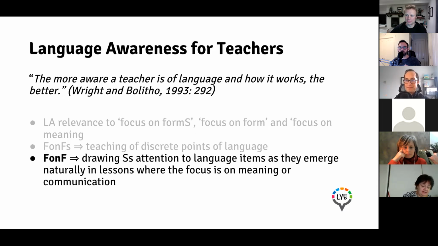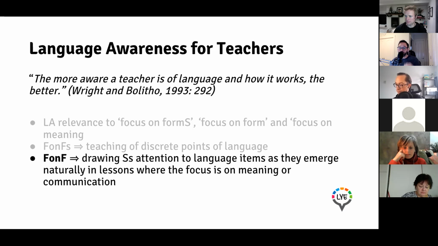In a focus on form, what the teacher is basically doing is letting the language, and going back to the Gestalt, letting the language emerge. One of the key properties of a Gestalt system is emergence. So you're not recognizing language by parts. You're perceiving language as a whole, all at once.